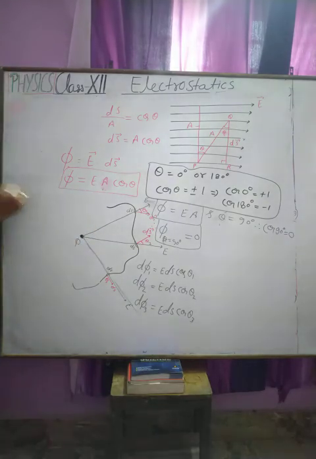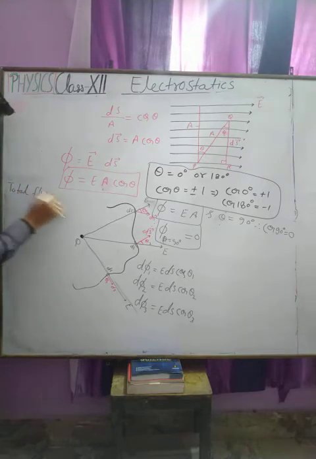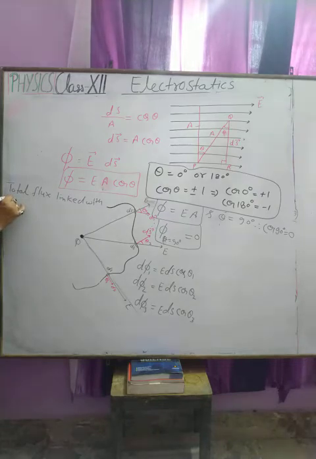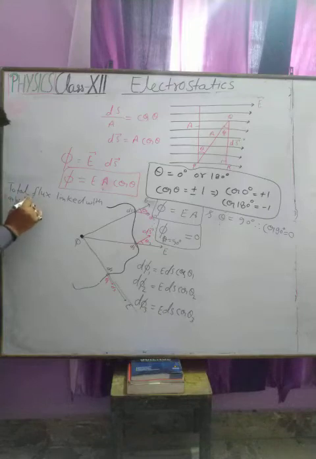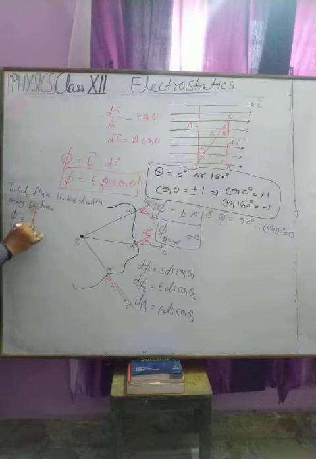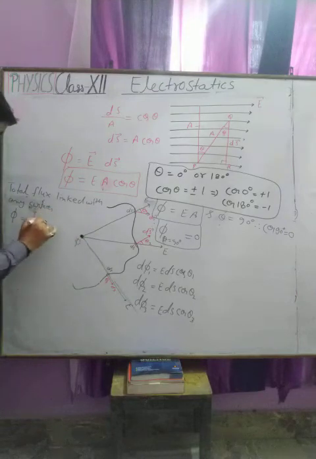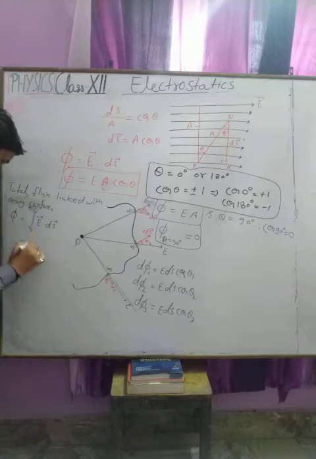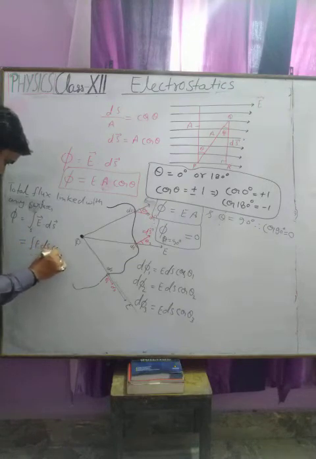Therefore the total flux linked with any surface is phi equal to the surface integral of E dot ds, which can be given by E ds cos theta.